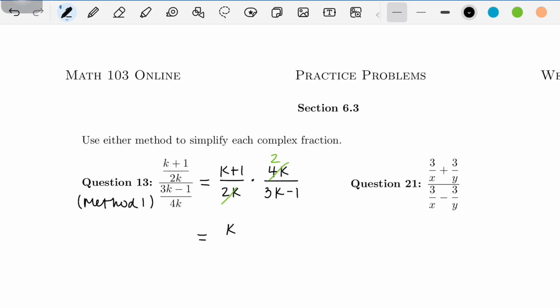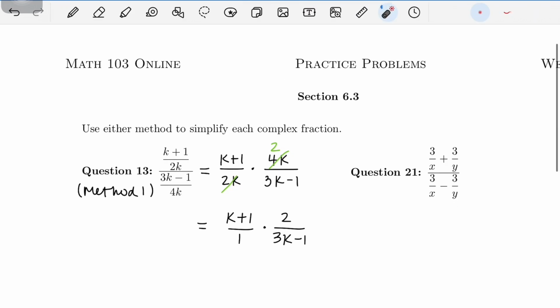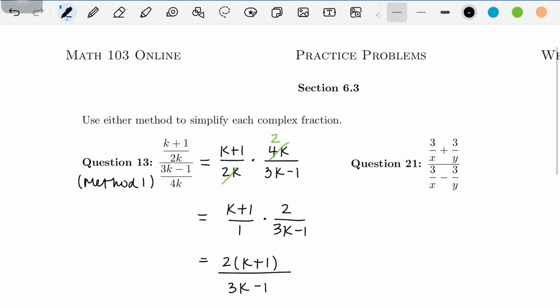So we're going to end up with k plus 1 over 1 times 2 over 3k minus 1. So just simplifying the 4k over 2k here. So from here we can multiply straight across. We're going to have 2 times k plus 1 over 3k minus 1. Now from here we can't simplify this any further, so this would be our final answer here.